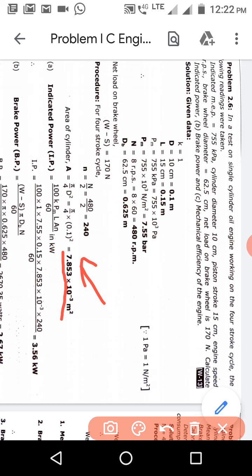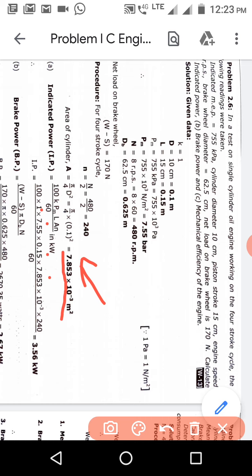Now we are going to put it into the formula. So indicated power is equal to 100 into K, that is equal to 1, then mean effective pressure, that is equal to 7.55 bar, into L, it is given 0.15, and piston area that we have just calculated, that is 7.853 into 10 raised to power minus 3, into number of working stroke, that is equal to n by 2, as this is the 4-stroke engine.